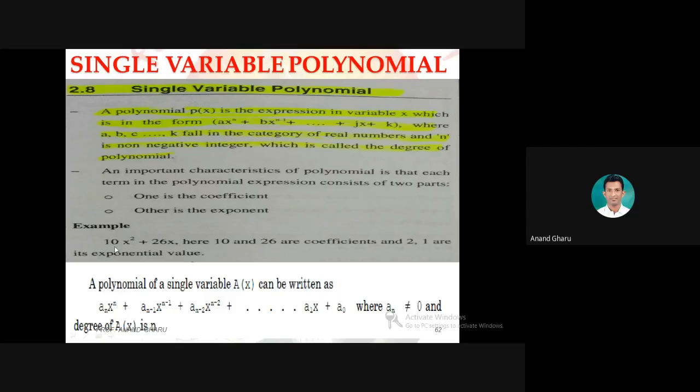Here you can see the example: 10x square plus 26x. 10 and 26 are the coefficients. For 26x there is no written exponent, which means the exponent value is 1. So 10 and 26 are the coefficients and 2 and 1 are the exponent values.